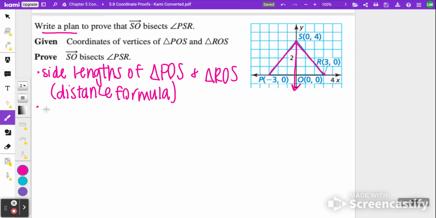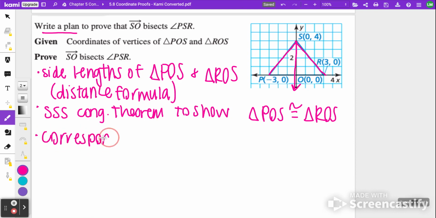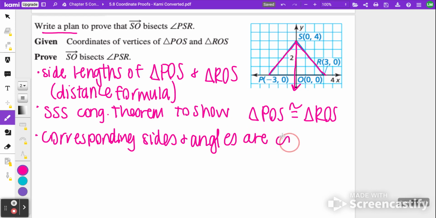Okay. Once you do that, maybe you can think, could I use the side-side-side congruence theorem to show that hopefully triangle POS is congruent to triangle ROS, okay? From there, then you can maybe say corresponding sides and angles are congruent.